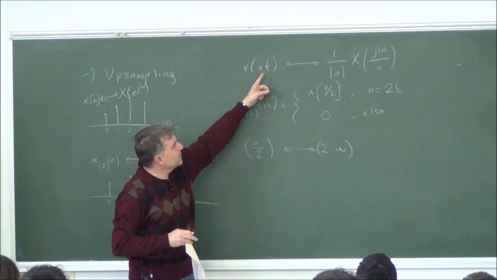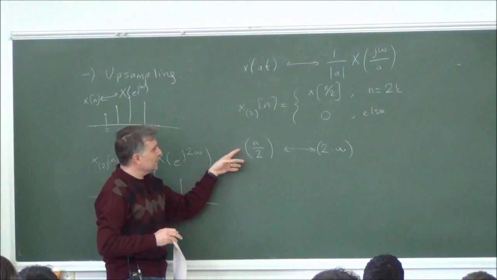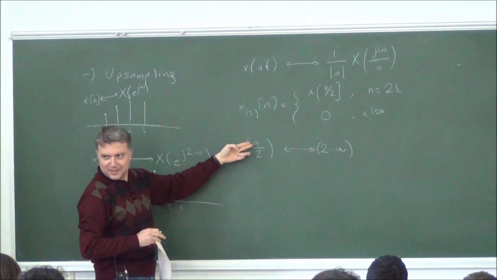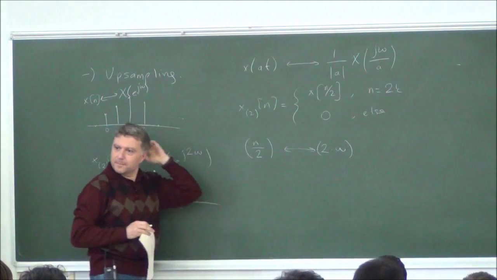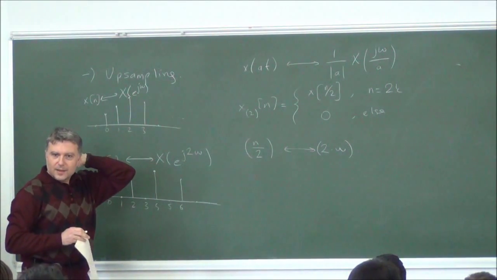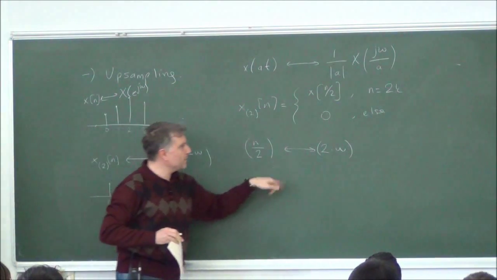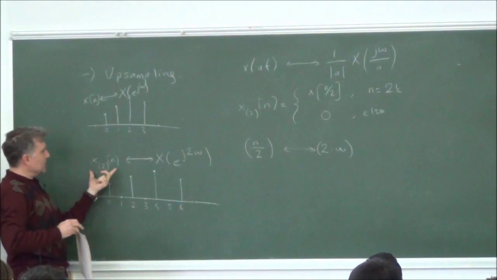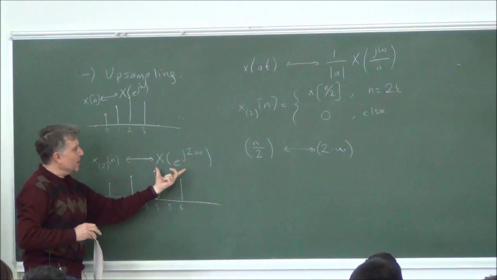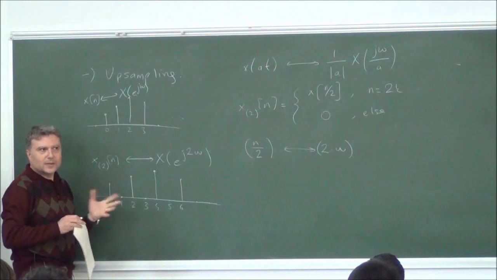A times t in time will make omega over a, and here it is 1 over 2 times n, therefore it is omega over 1 over 2, which is 2 omega. We are dividing our time by 2, so we must multiply our frequency by 2. And in that case, it means the Fourier transform of this one is capital X of e to the j 2 omega. And what does it look like?